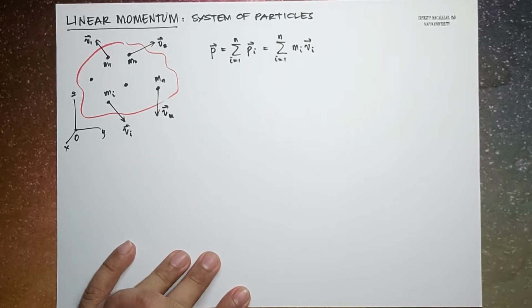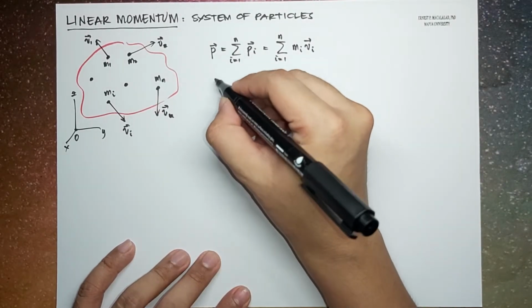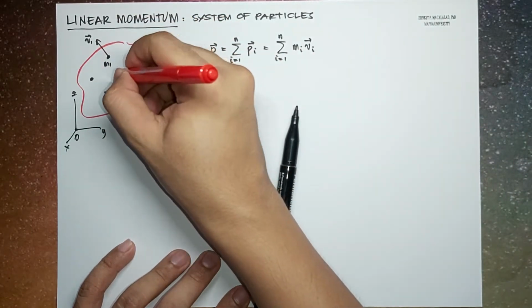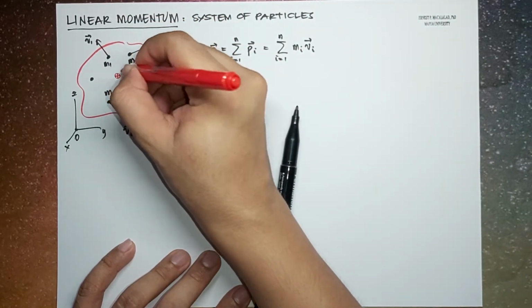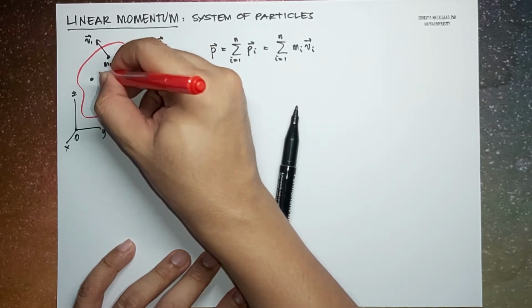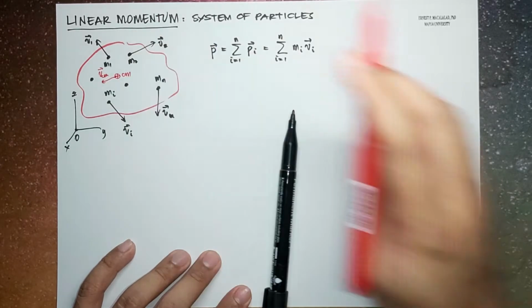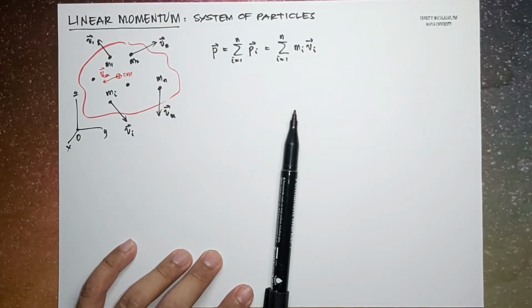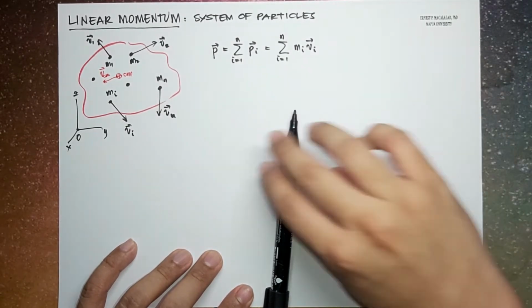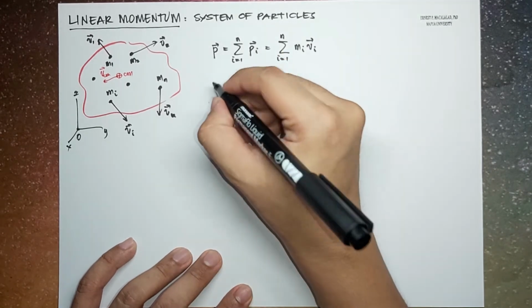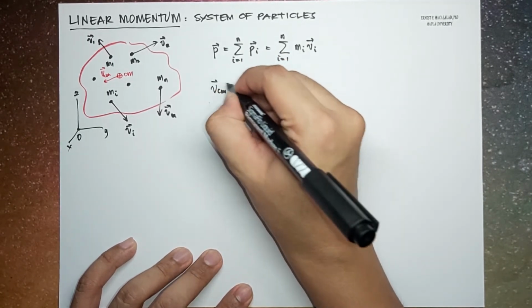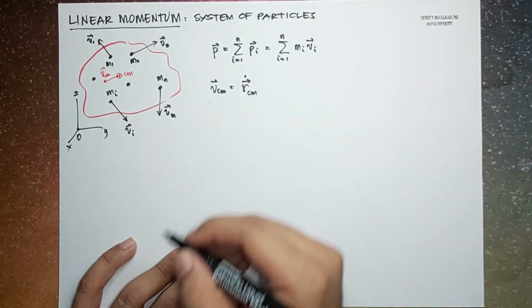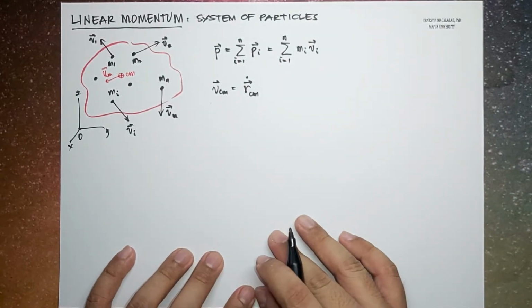On the other hand, the velocity of the center of mass, say this would be the velocity vcm, is actually the time derivative of the position of the center of mass.